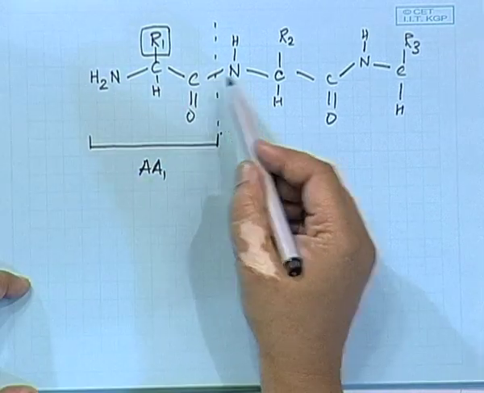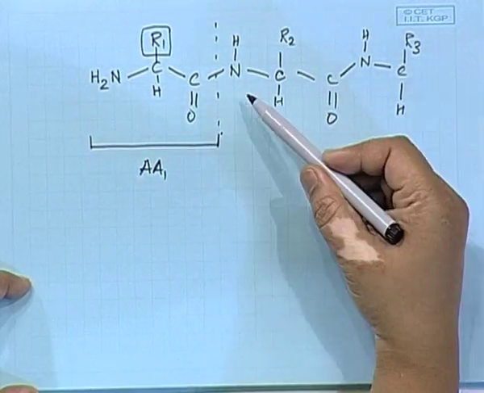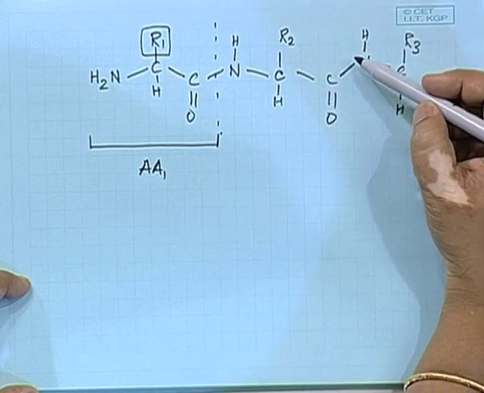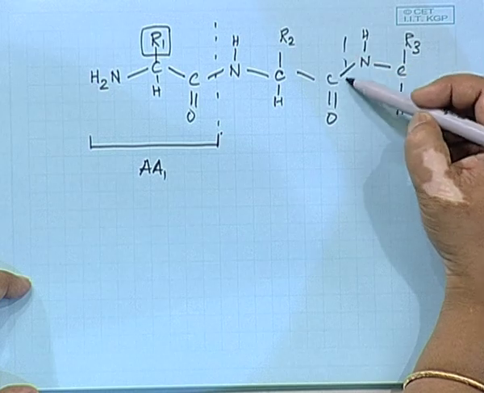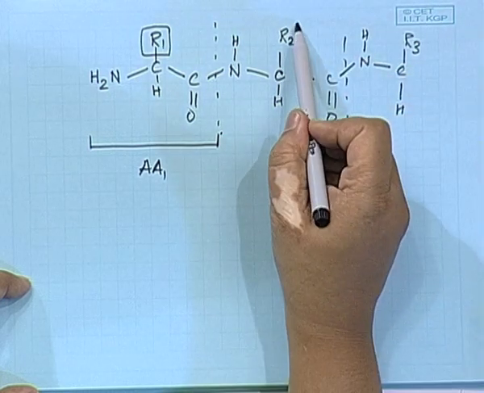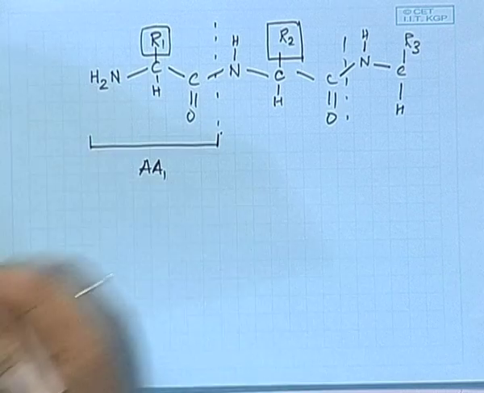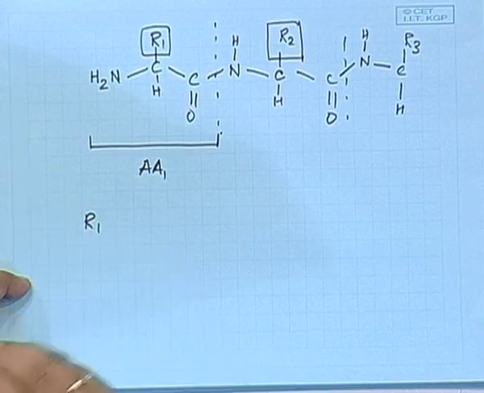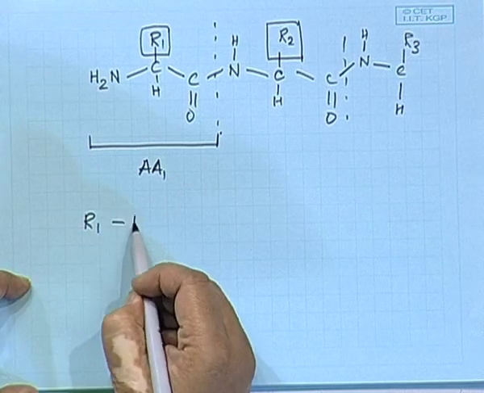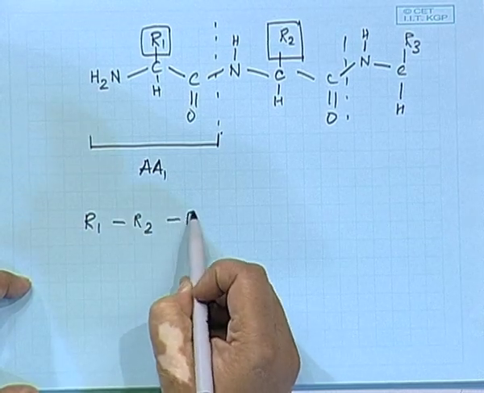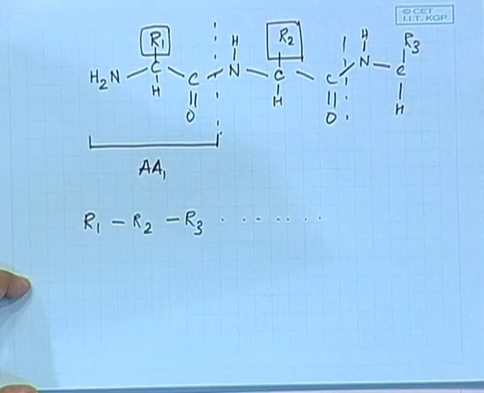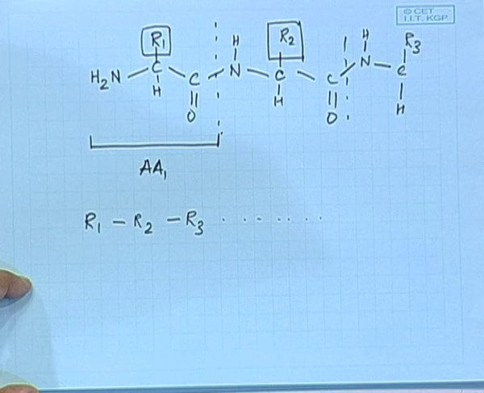Okay. So, now what does this become? This becomes now the N terminal, right. So, then you chop off again. So, you then determine what R2 is. So, what can you do? First you know what R1 is, then you know what R2 is, then you know what R3 is, and then you can keep on going till you come to the end of your chain, right.